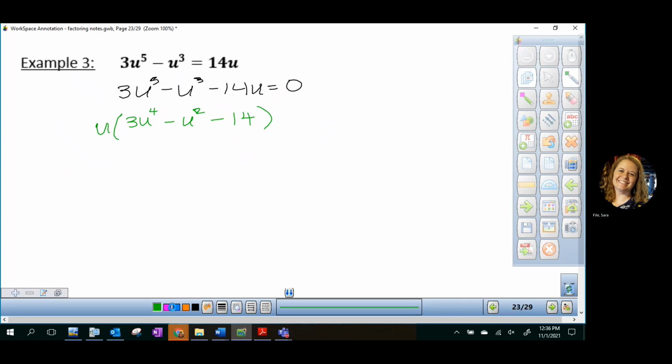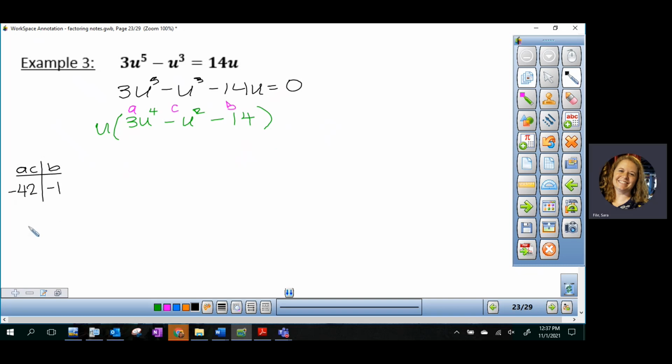So if I did an ac-b table here, it's 3 times 14, and my b is a -1. Let me label that. Okay, so I'm asking myself what multiplies to give me -42, but adds to give me -1.